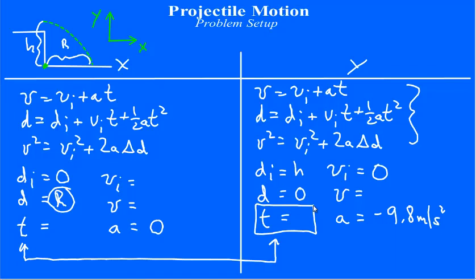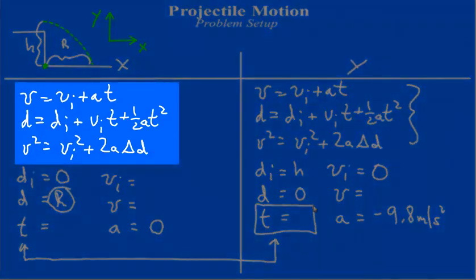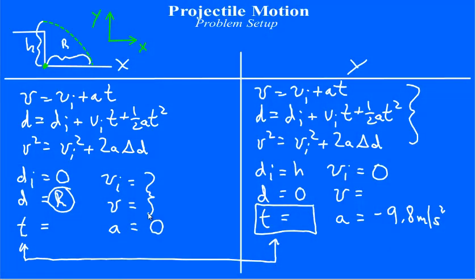Now, final note here, notice that the x side equations, since there's no acceleration in the x direction, vi and v are the same. Okay, that makes this equation go away completely. Okay, because there's no acceleration. Okay, let's get a little messy. But basically, because there's no acceleration, these 2 are equal.